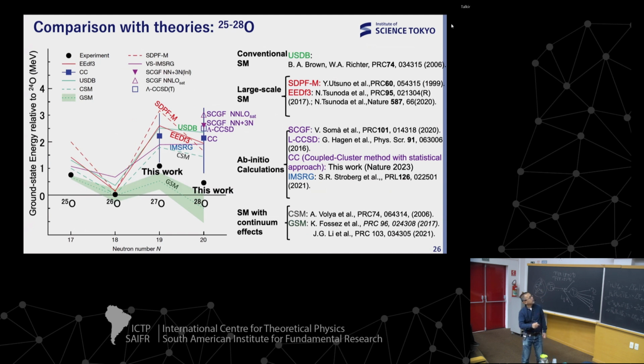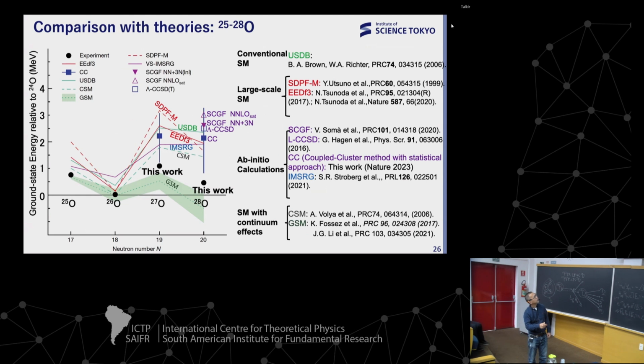The theories can be categorized into conventional shell model, USDB, large-scale shell model, and ab initio calculations. We heard about the coupled cluster method today, yes. And then also shell model with continuum effects, which is here, for instance.